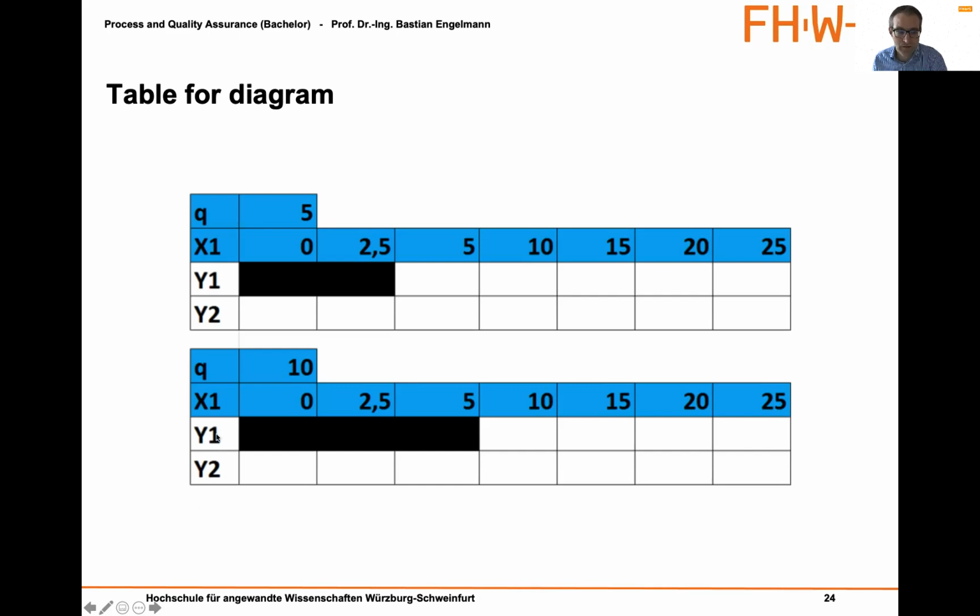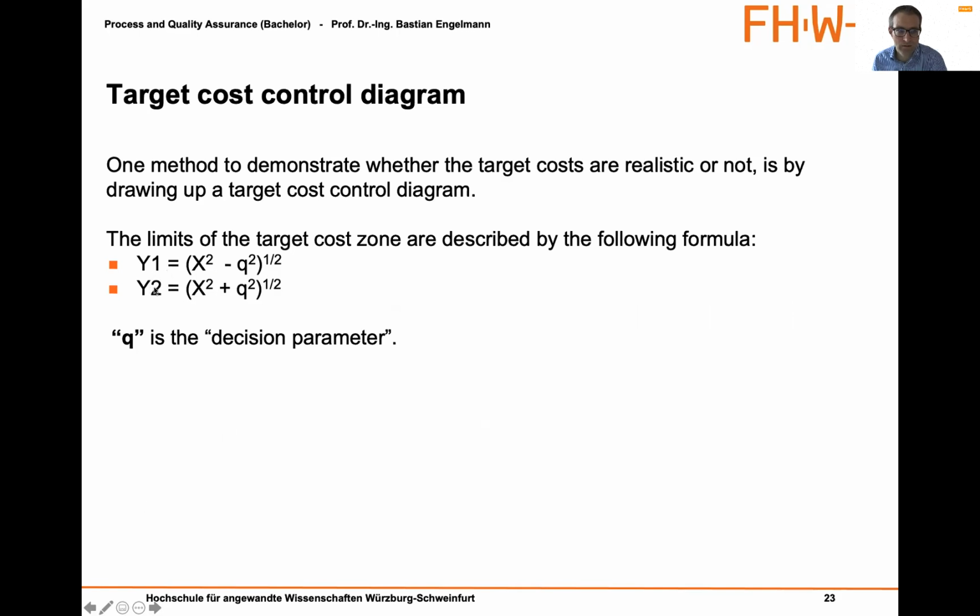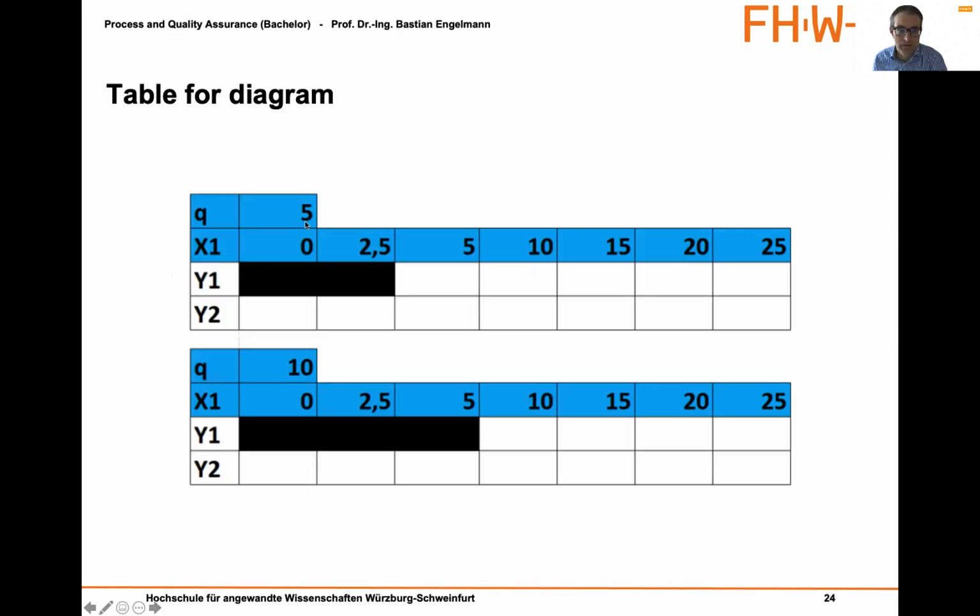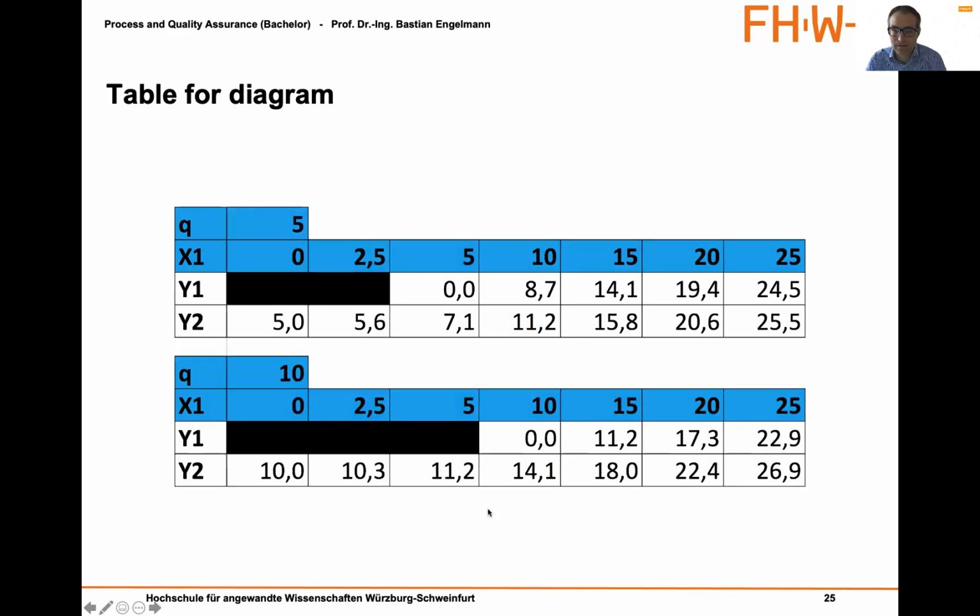And then you calculate the Y's with the formula here, Y1 and Y2. And you insert the X values and the Q corresponding to the table. For example, Q equals to 5, X1 is 0, and then you do the calculation. In the end, you would get values that look like this. And the question is, what are these values standing for?